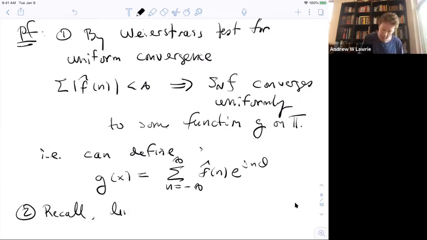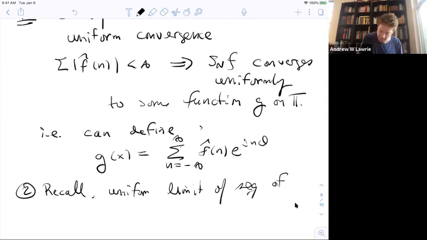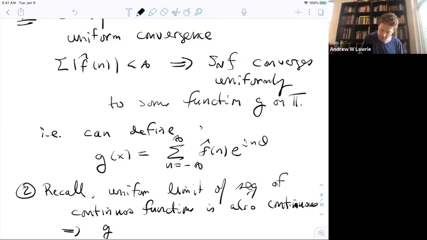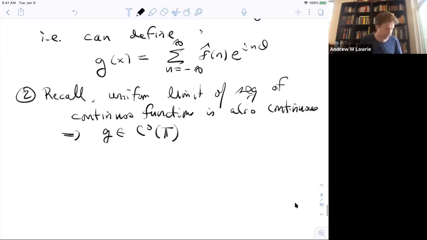Recall, the uniform limit of a sequence of continuous functions is also continuous, which means that g is a continuous function on the torus as well.